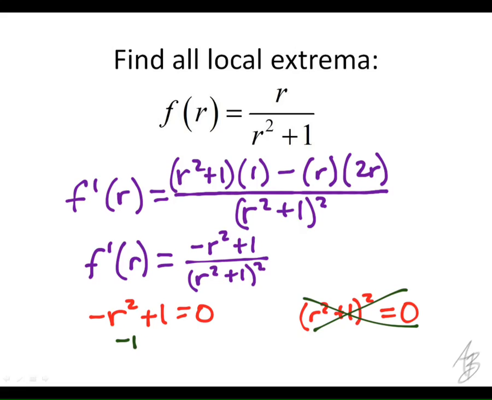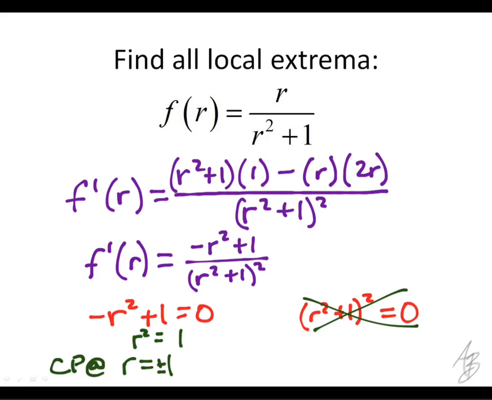So we get negative r squared equals negative 1. That's the same thing as r squared equals positive 1, right? And so that means that r equals 1 or negative 1. Okay, good. So r is going to be positive or negative 1. So we've got critical points at both of those.